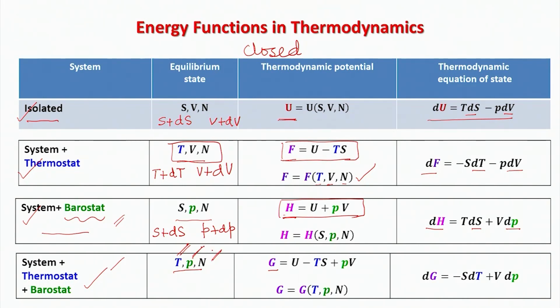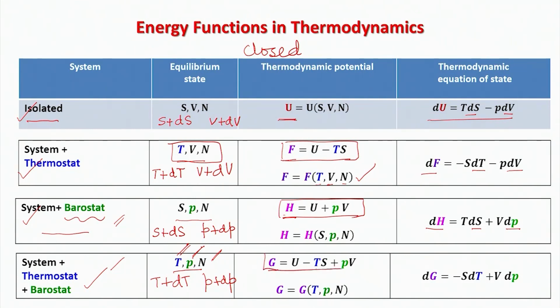Now, if I allow this system to undergo a change in state such that T goes to T plus dT and P goes to P plus dP, what is the energy function whose differential variation will depend directly on dT and dP?